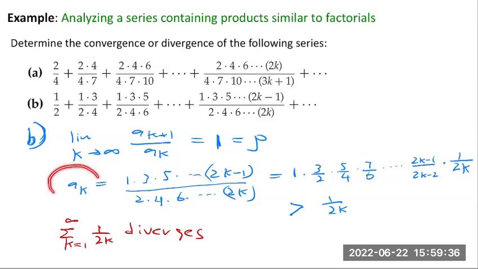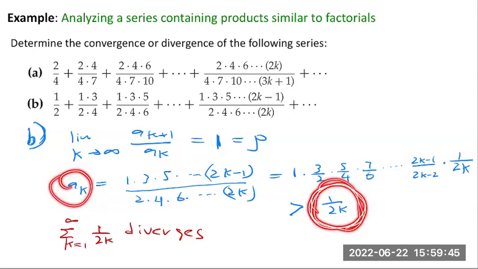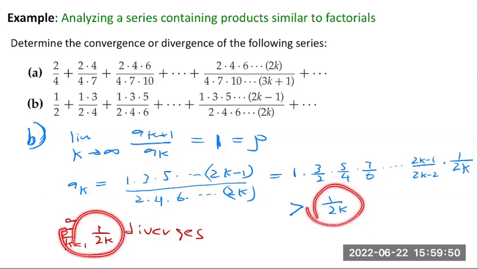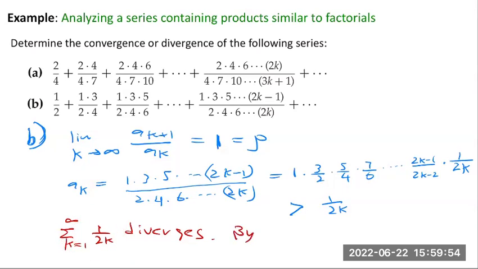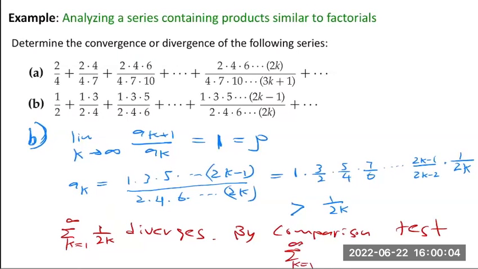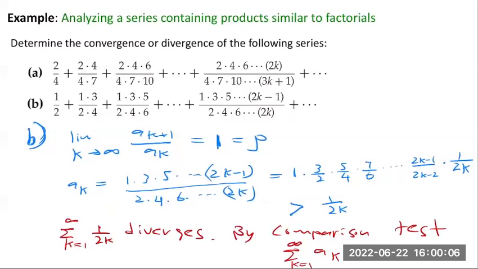If you take the sum from k equals 1 to infinity of a_k, that should also diverge by the comparison test, because your a_k is bigger than or equal to this particular kth term. This is the kth term of this series. So by the comparison test, the sum from k equals 1 to infinity of a_k diverges.